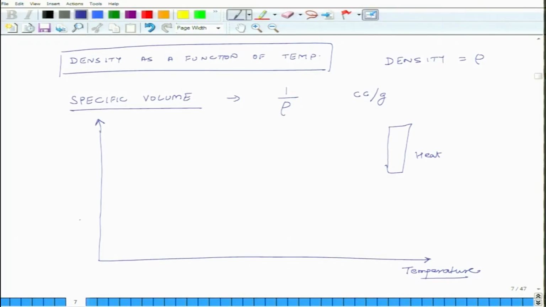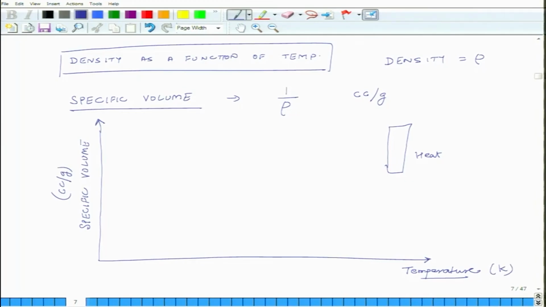So on the y axis we will plot specific volume, in cubic centimeters per gram, and on the x axis I am going to plot temperature, in Kelvin. We don't write degree Kelvin, we just write Kelvin.